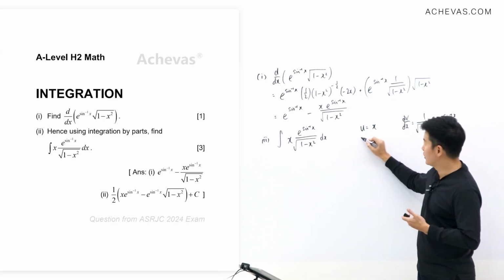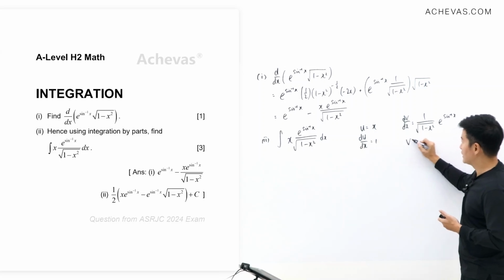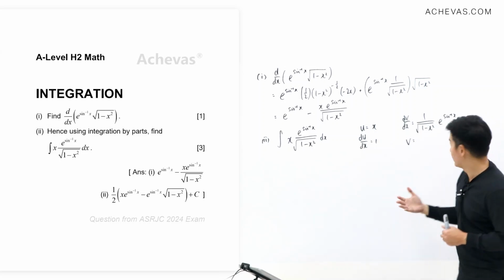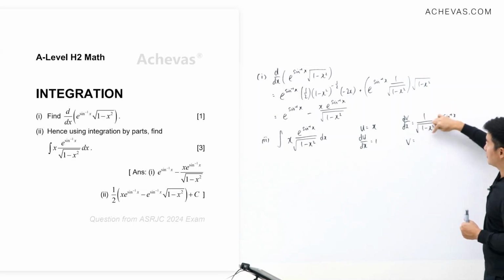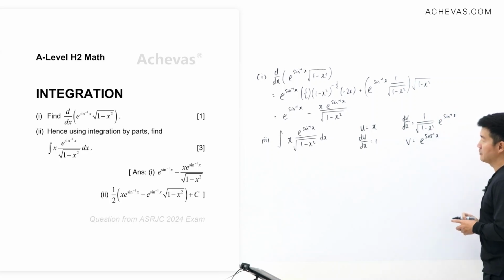Again, I think this is a no-brainer. This is just du dx, which is going to be equal to 1. As for this, we're going to apply a bit of f(x) f'(x), where this is f(x) and f'(x) is this. So integrating this should give us e to the power of sine inverse x.